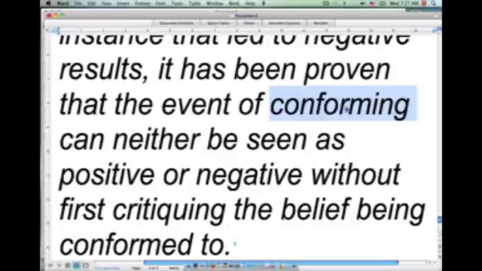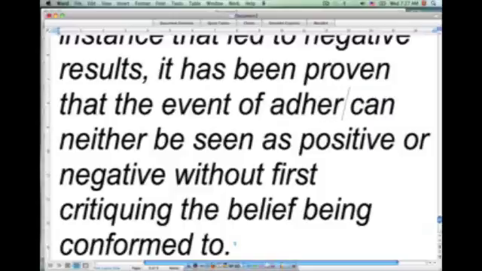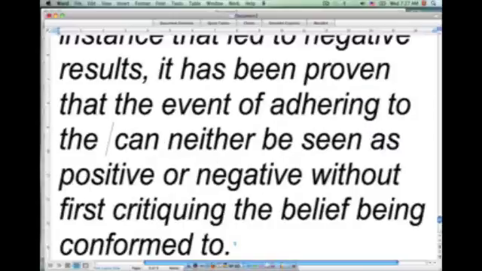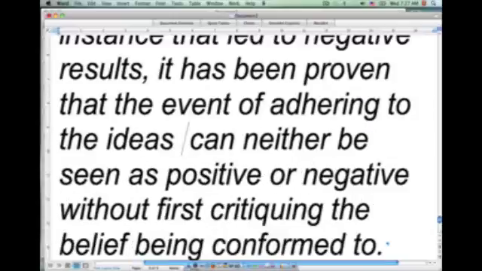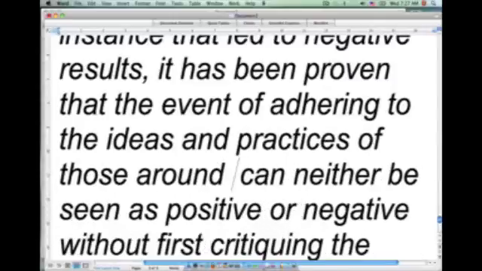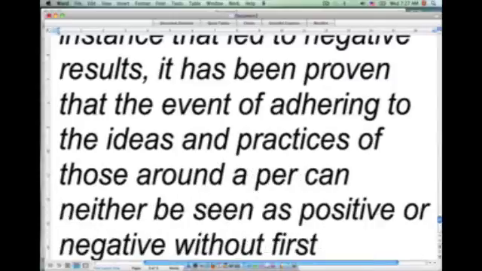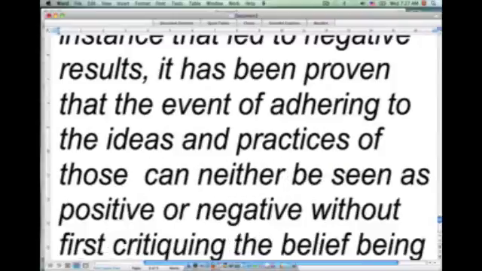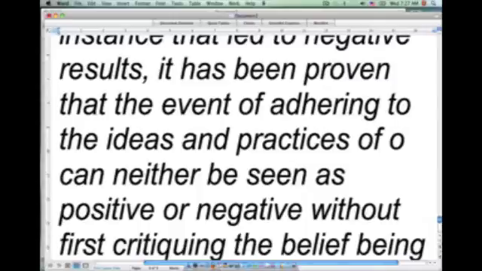We'll say, so the event of adhering to the ideas and practices of those around a person, the practices of others. Okay.